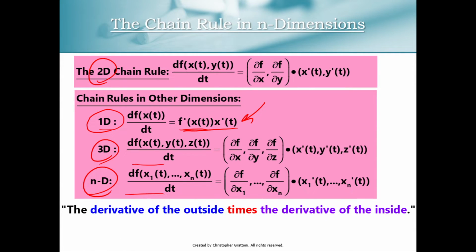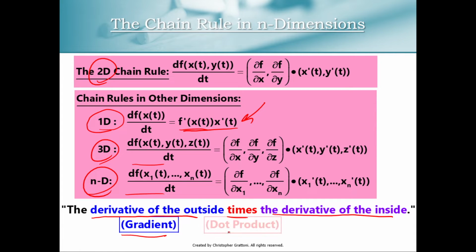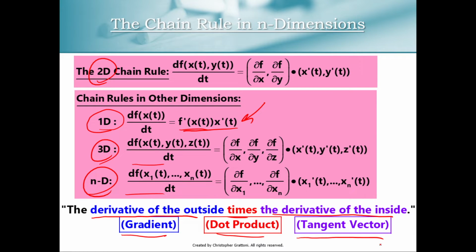Now, when you guys were in your Calc BC class, your teacher probably said, oh, the chain rule is derivative of the outside times derivative of the inside. But now we're in a multivariable calculus class, and in the multivariable context, derivative of the outside is now the gradient, times is now the dot product, and the derivative of the inside is now the tangent vector. And you guys could see it happening up here, right? Look at this two-dimensional chain rule.